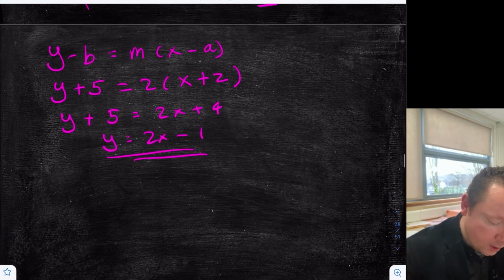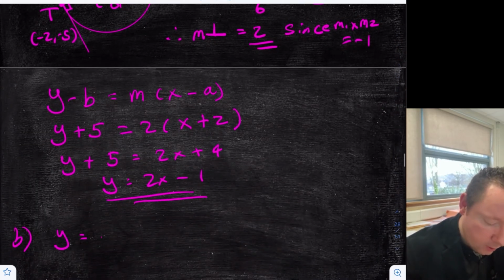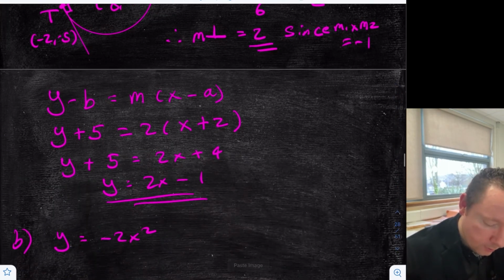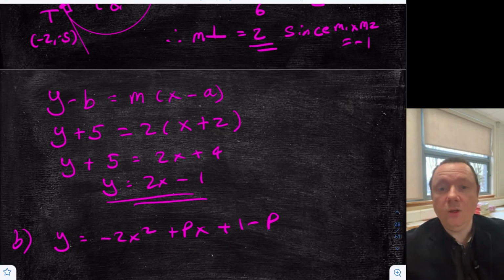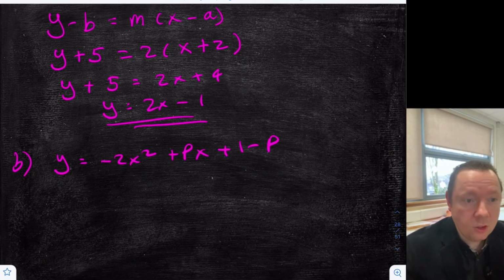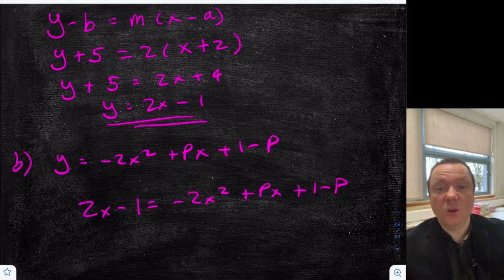So we've got y equals 2x minus 1, and then for part B, we've also got y equals minus 2x squared plus px plus 1 minus p. And since this is a tangent to this, then these are equal to each other. We can solve them simultaneously. So all we need to do is say that 2x minus 1 equals minus 2x squared plus px plus 1 minus p. So that's a quadratic to solve.